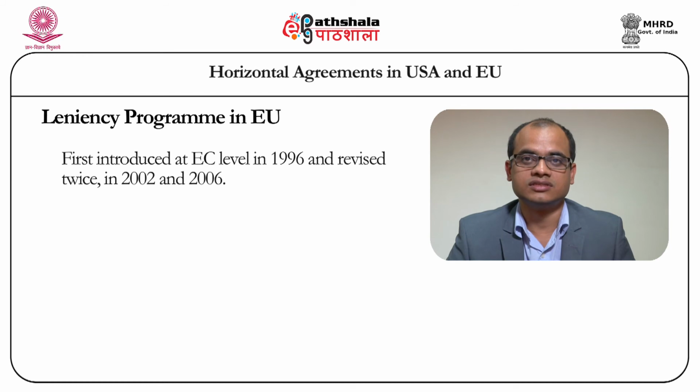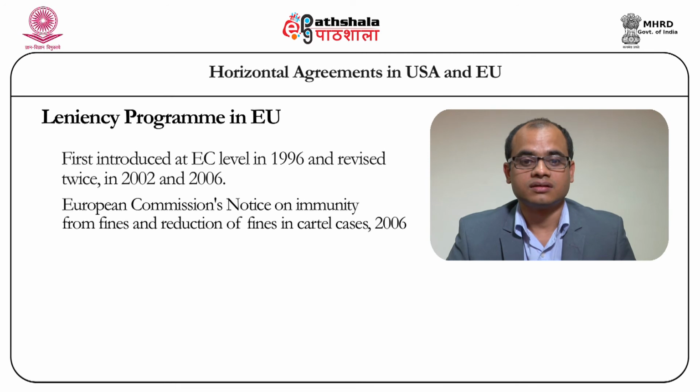The EU Commission can grant immunity from any fine that otherwise would be imposed on an undertaking that discloses to the Commission its participation in a cartel affecting the European Union, provided that the undertaking is first to submit information and evidence.